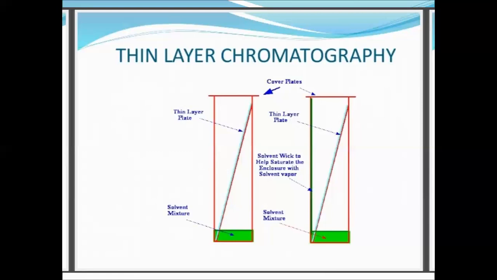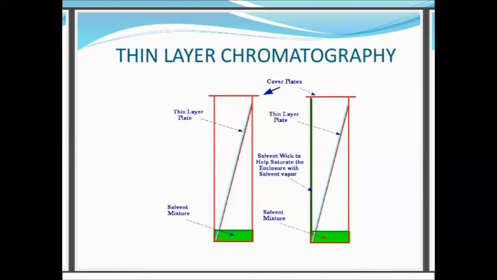A sample solution containing a few milligrams of sample per ml is prepared. It is applied with a capillary tube 2 centimeters from the edge of the plate, as you can see here.